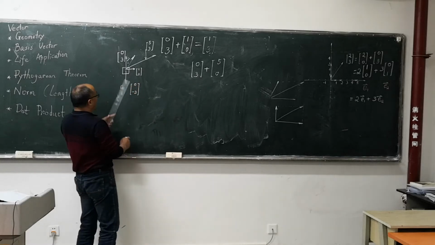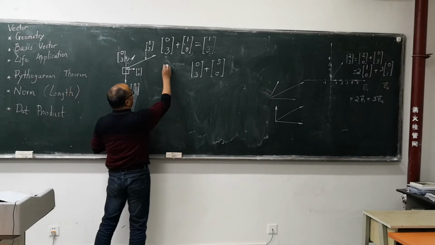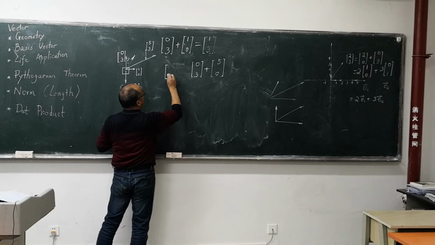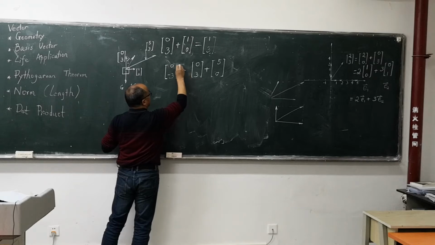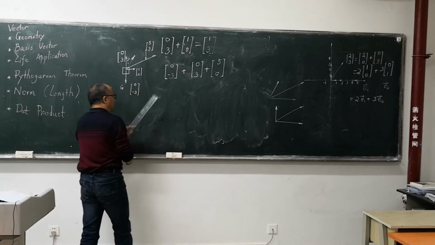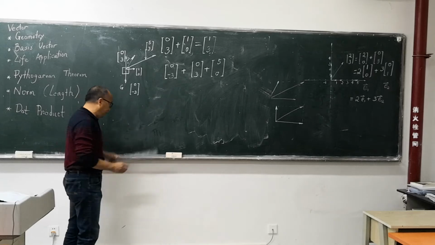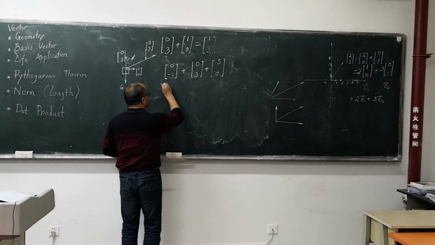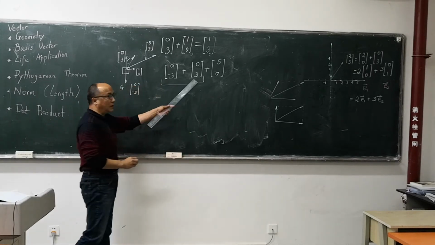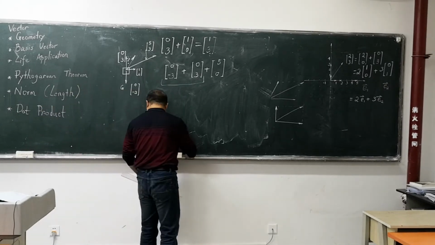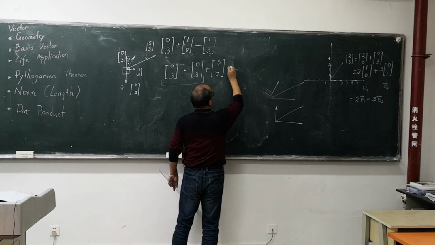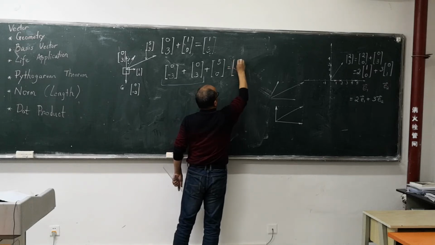And when we add the gravity, these two canceled out. The net effect is 5, 0.